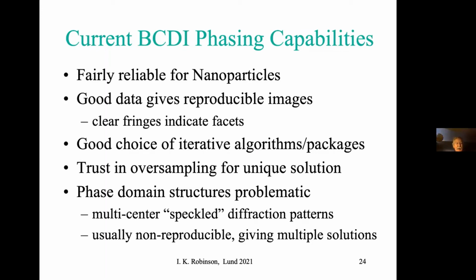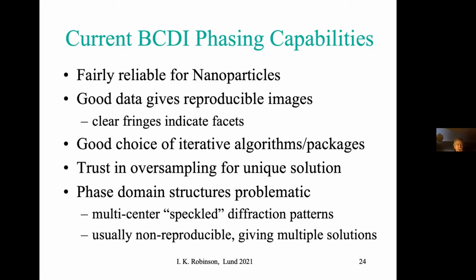All right, so now we're getting into some of the gory details. I just wrote this an hour ago. This is a very glib summary of where we are with the phasing methods for BCDI. It works well for nanocrystals, and we've got lots of believable publications of results that we can get with the excellent beamline facilities that we have and the current phasing methods.